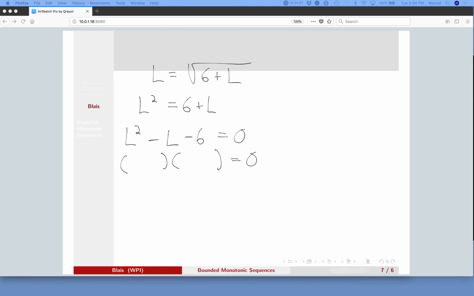L minus 3 times L plus 2. So this equation is solved by L equals 3 and L equals minus 2.